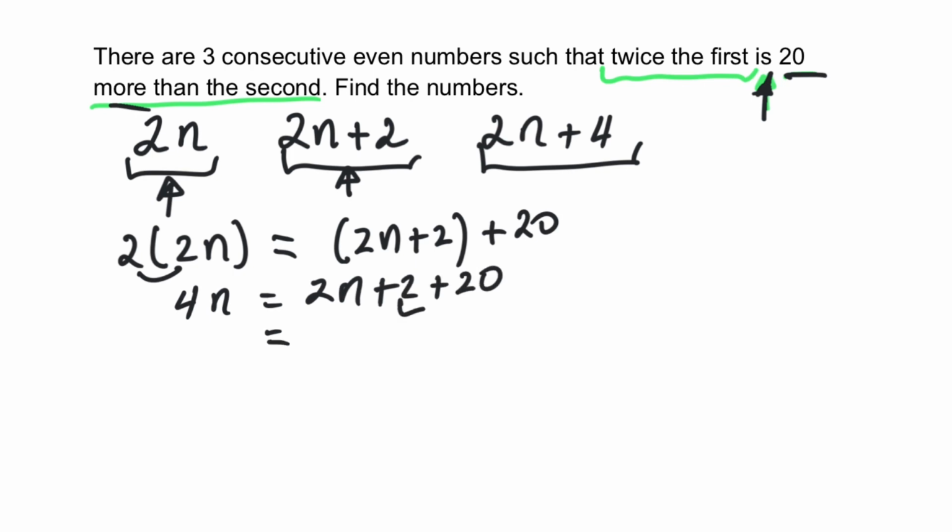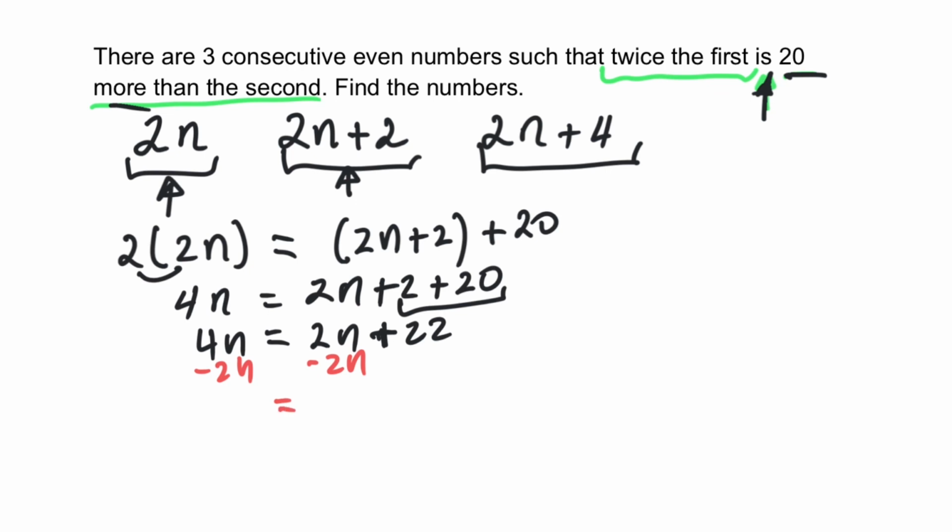And we can solve this 2 plus 20, that will be 22, right? The rest stays the same. Okay, now let's put the unknown on one side. So let's subtract 2n on both sides.